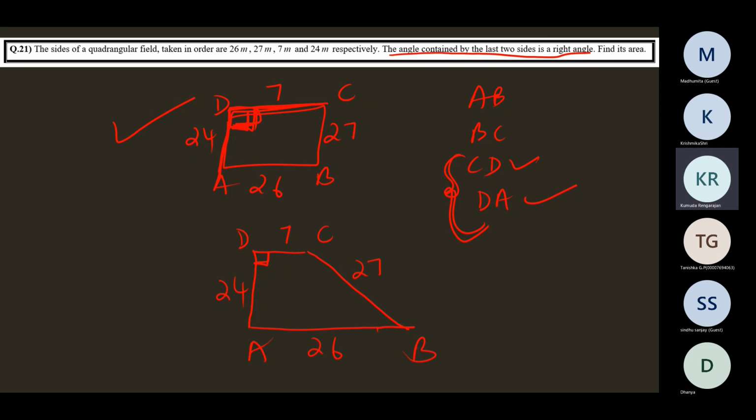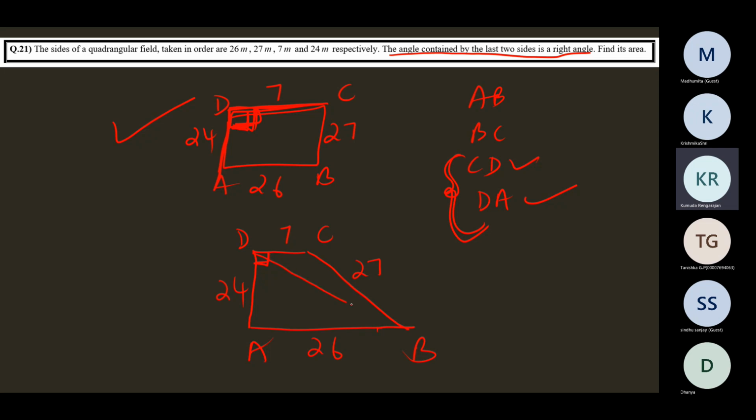This one we must have done earlier, when the PPT was not ready. I used to say that you should not disturb the right angle. Don't disturb the right angle.